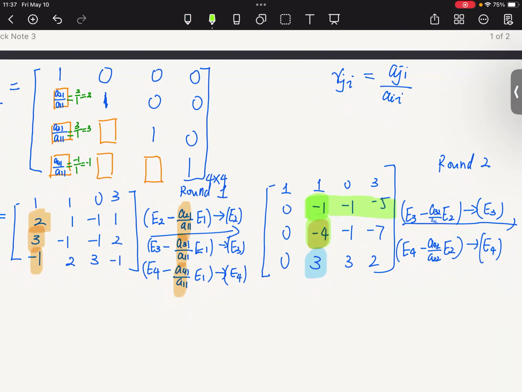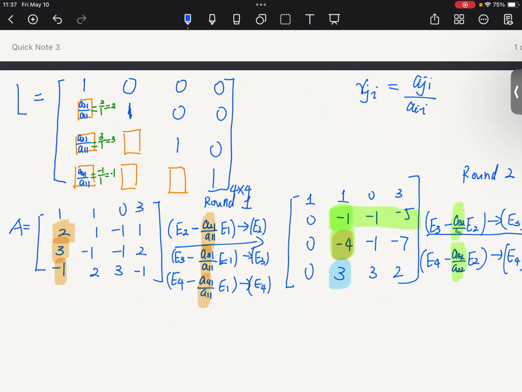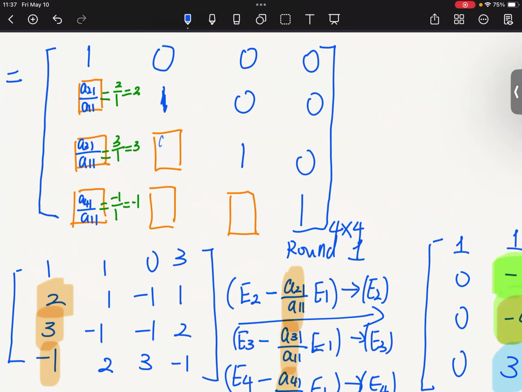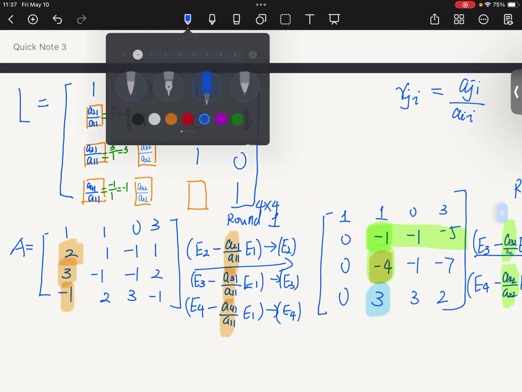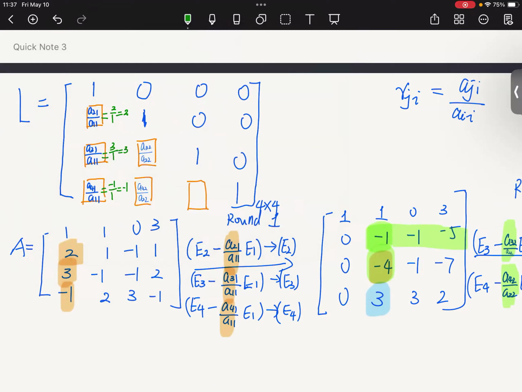And I'm going to use the L matrix to record the ratio information here. Does that make sense? So here, I'm going to record the ratio information, that is A32 divided by A22, and A42 divided by A22. If you take a look at the matrix, the A32 here is just -4, and this one is -1.